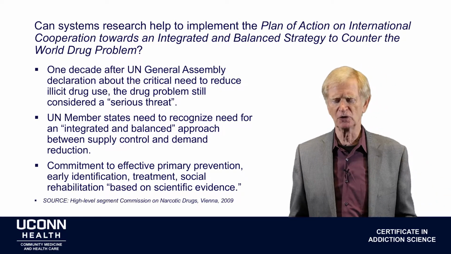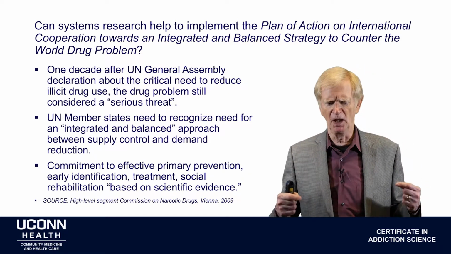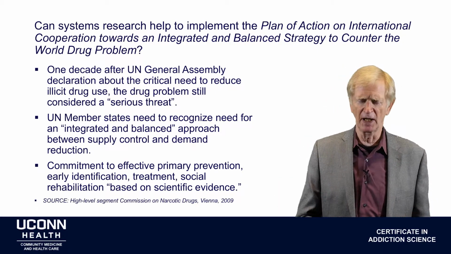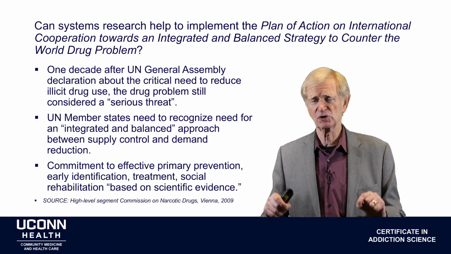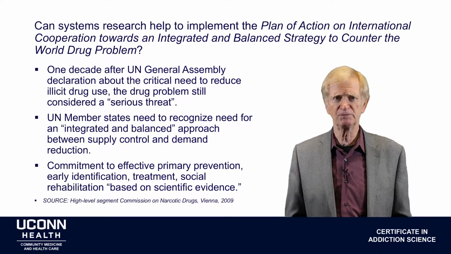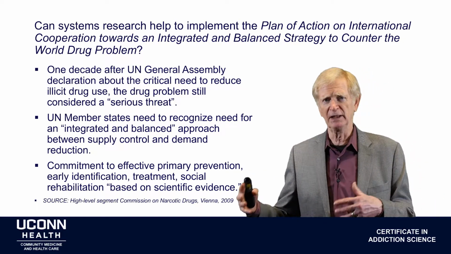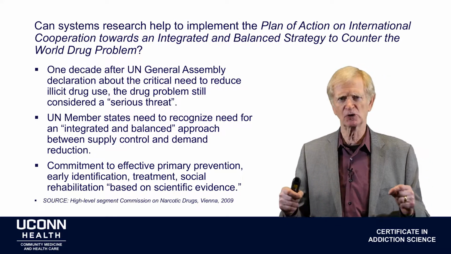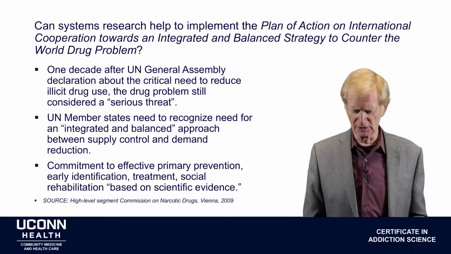Most of the money for drug control goes into supply control, interdiction, crop eradication, a lot of things that cost a lot of money. And what the Commission on Narcotic Drugs concluded was that we've got to pay more attention to treatment services. We've got to coordinate between supply control and demand reduction. We've got to have effective primary prevention, early identification, treatment, and rehabilitation based on the scientific evidence.